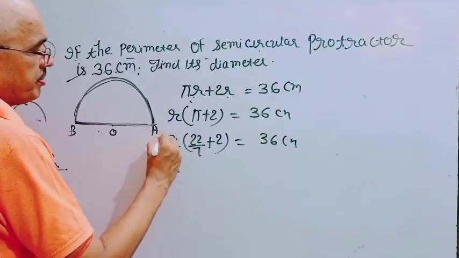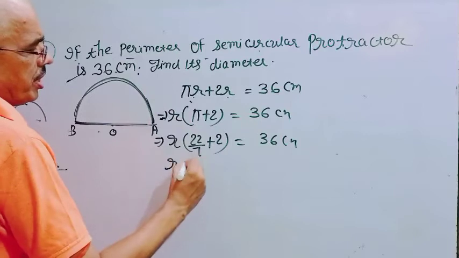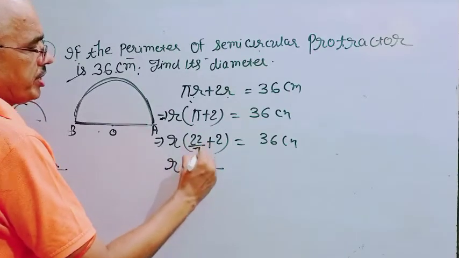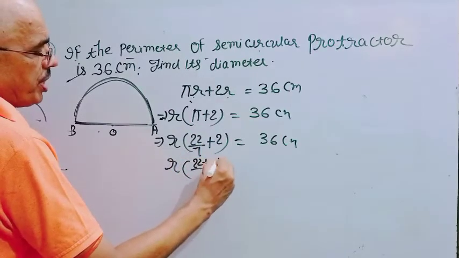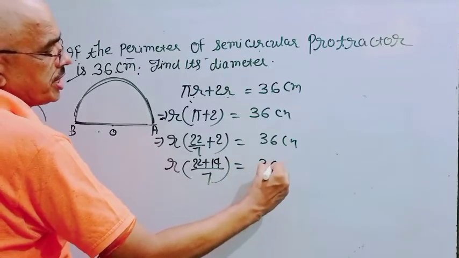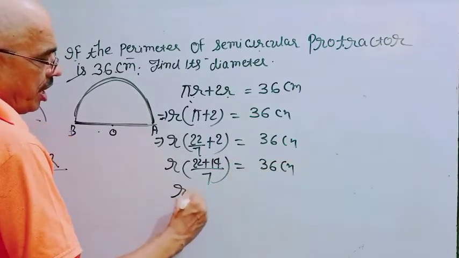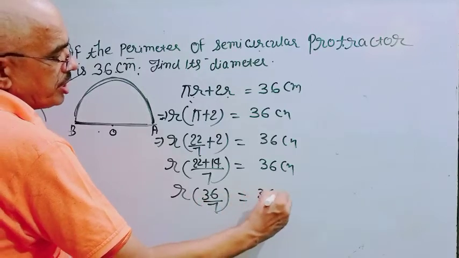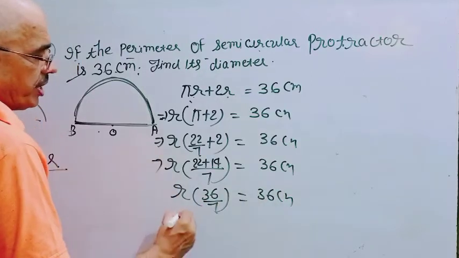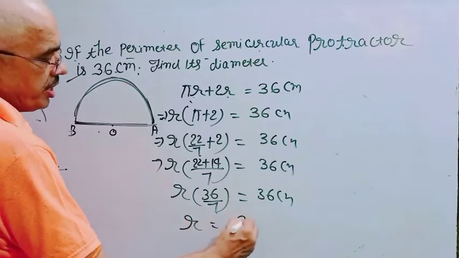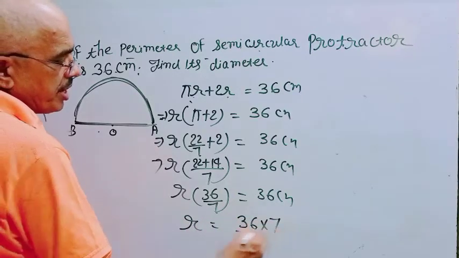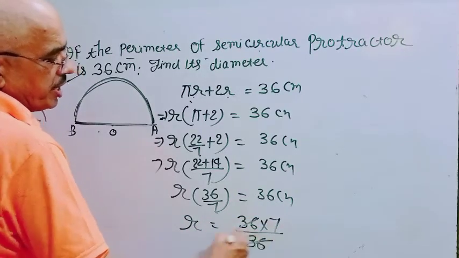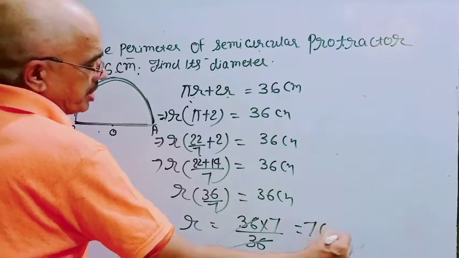Then r times (22 plus 14) by 7, that is r into 36 by 7 is equal to 36 cm. Then what is the value of r? r is equal to 36 into 7 by 36. It is cancelled, so it is 7 cm.